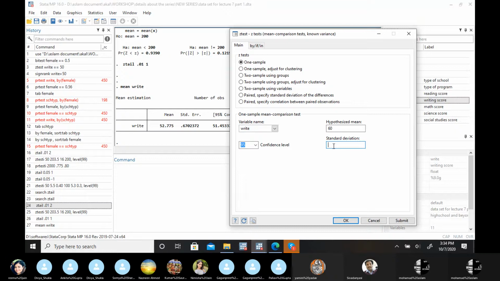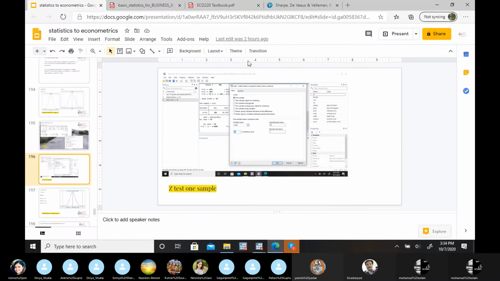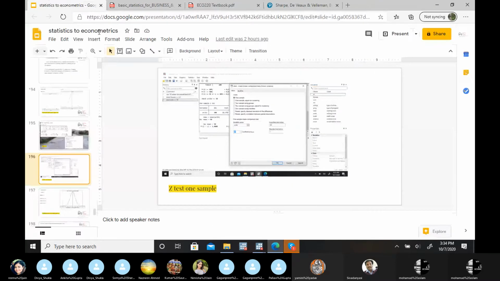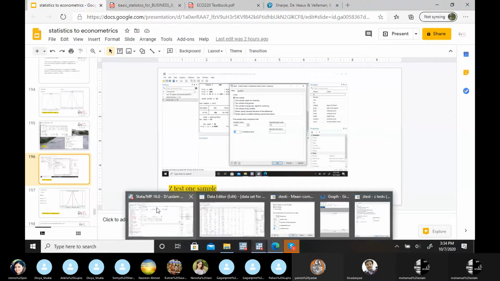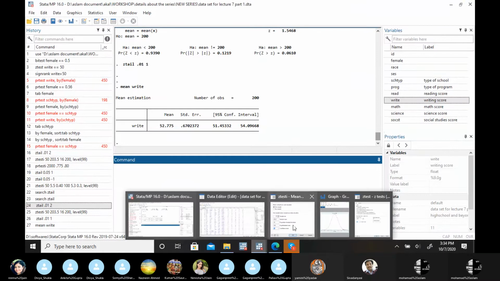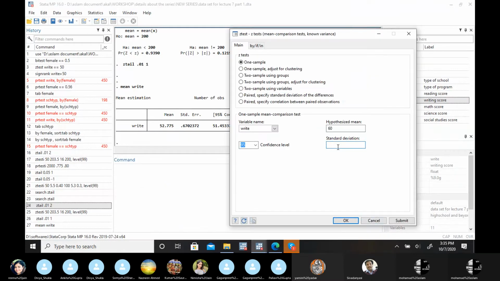The other way is, in this textbook which I shared with you, if you don't know the population standard deviation, don't use this z-test, use a t-test.